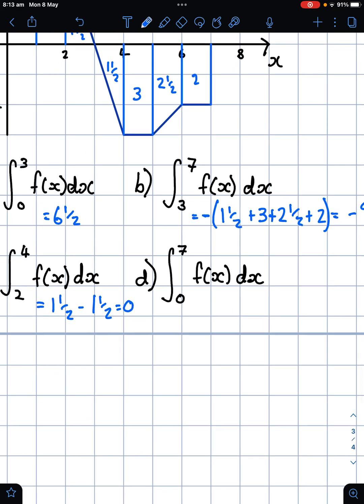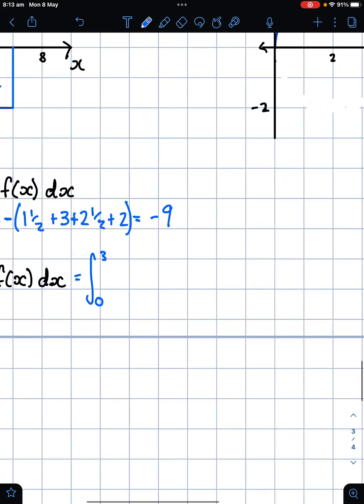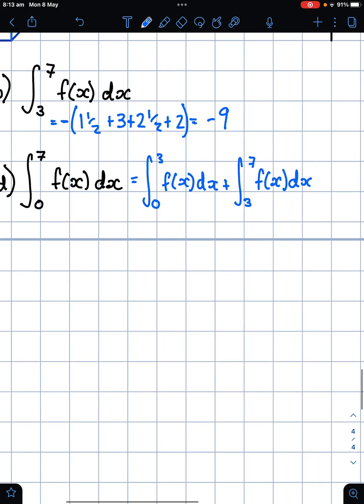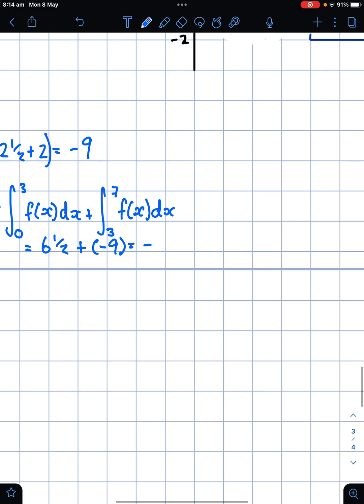And so we would have, I might even write this in section 0 to 3 because that was the bit on top, the integral of f of x dx plus the integral from 3 to 7 of f of x dx, and cramming this in the bottom here, 6.5 plus negative 9 is going to give us an integral of negative 2.5. Cool.